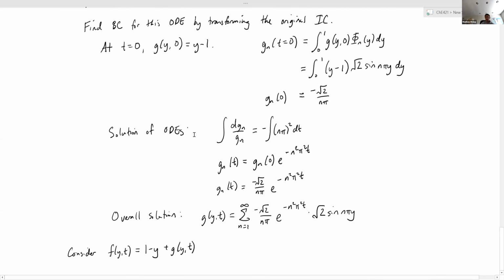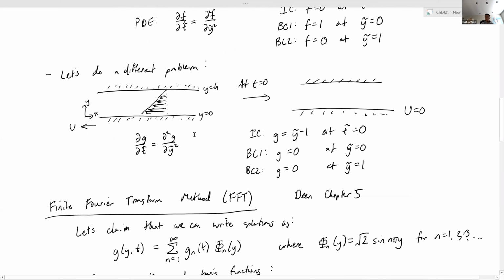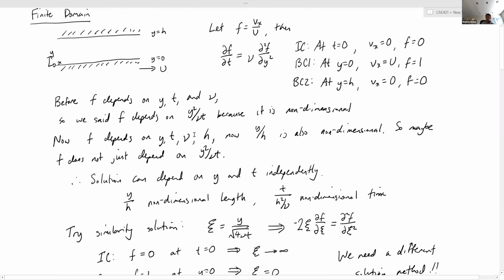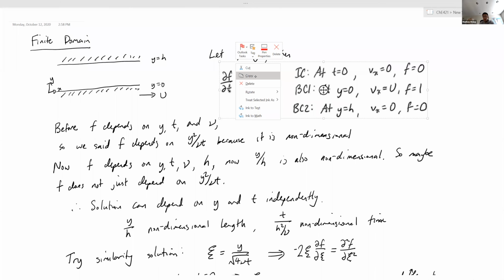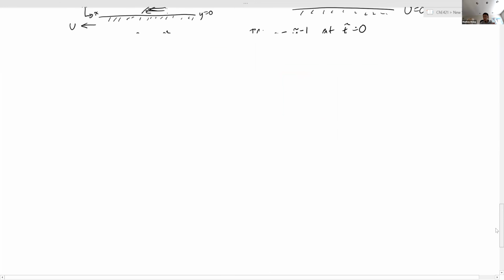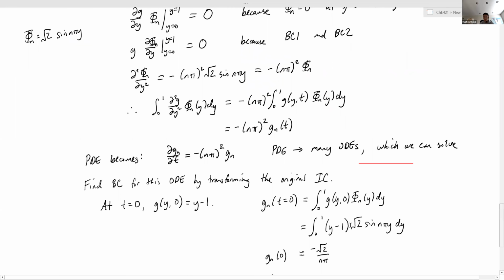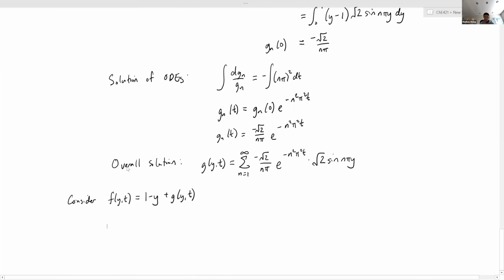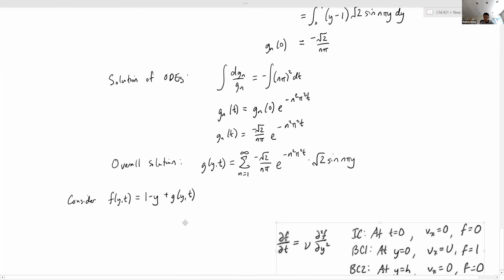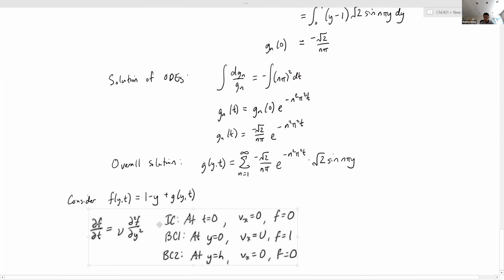Let me go ahead and take this right here and bring it a little bit down here so that we can see what it looks like. Okay, that was the original differential equation. Okay.